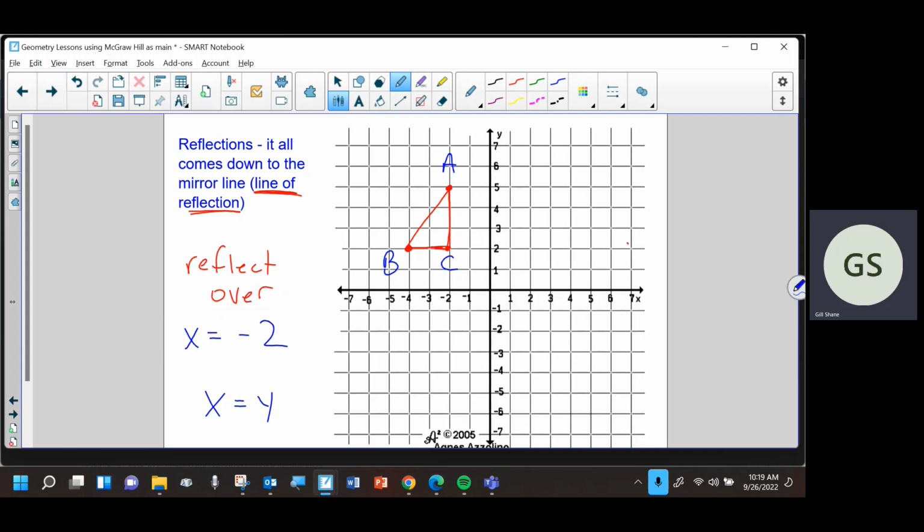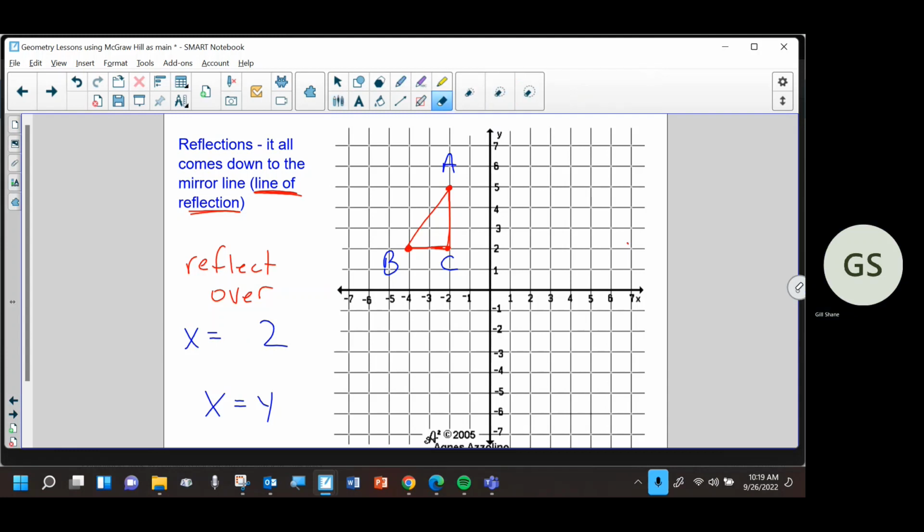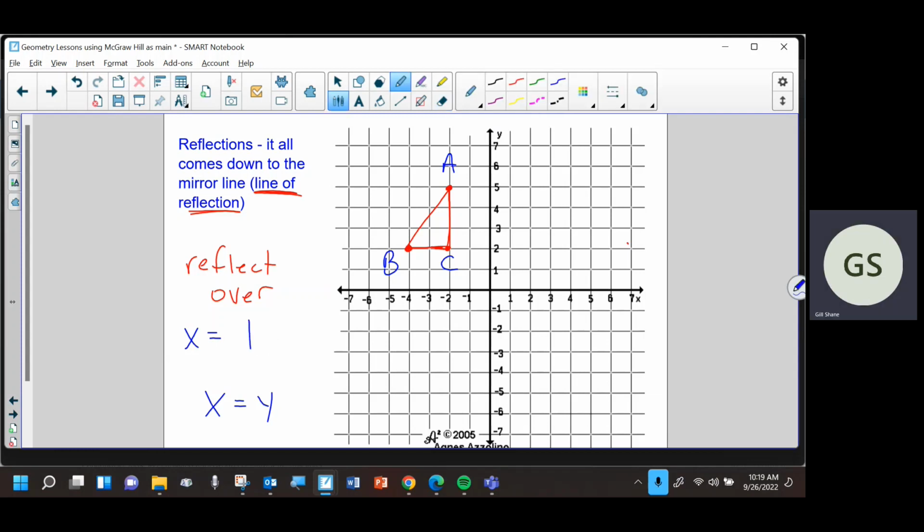Where is X equal to, oh, I don't want to do -2. I'm sorry, +2. Oh boy, that's not actually a good one either. Let's change that so it's not super difficult. Let's make it X equals 1. What do I need to do if I want to reflect it over X equals 1?